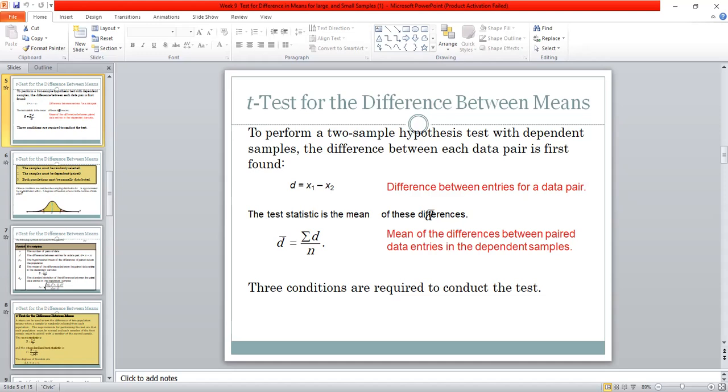Against HA, the alternative hypothesis, mu A less than mu B. Because the problem was that they're taking too long at service. So mu A is greater than mu B. That was the problem, that they're taking too long at service, meaning the average after is greater than the average before.